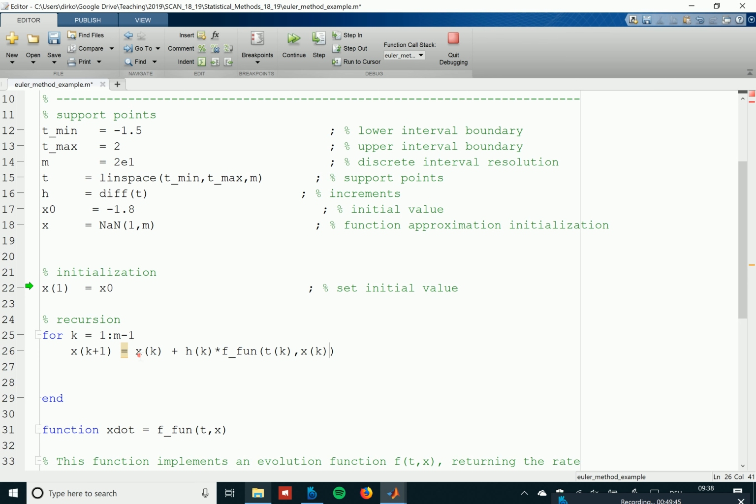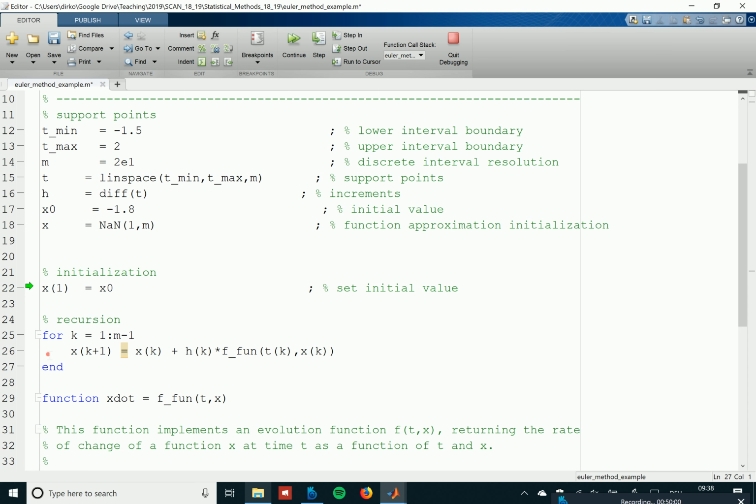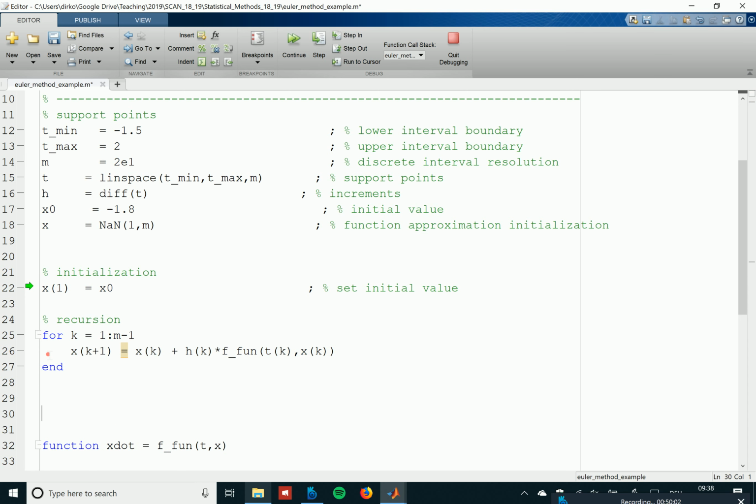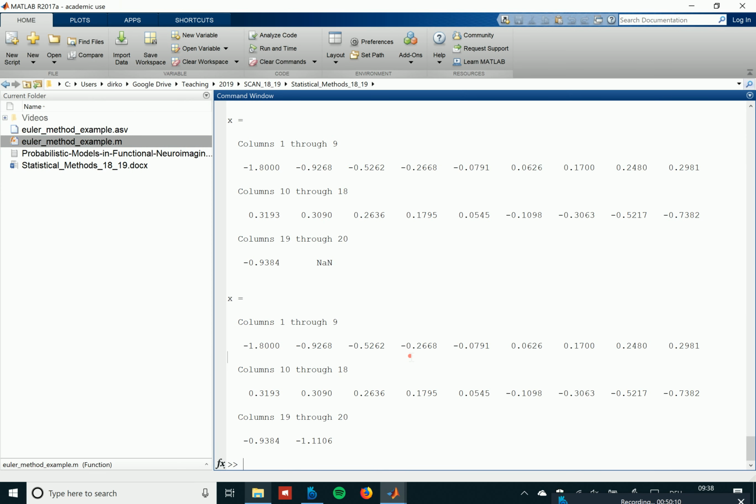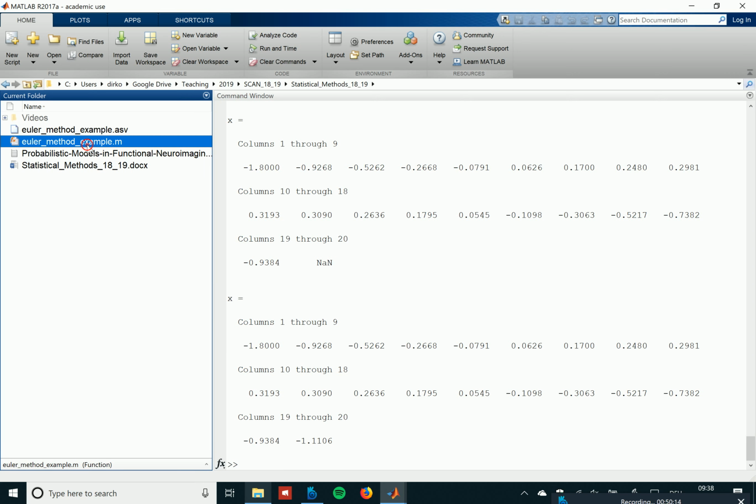So basically, and this is always important when you write these recursive loops, on the right side we only have things with k being k, and on the left we have k plus 1. There might be a thing that this index crashes, but it doesn't. So this is what we got returned.